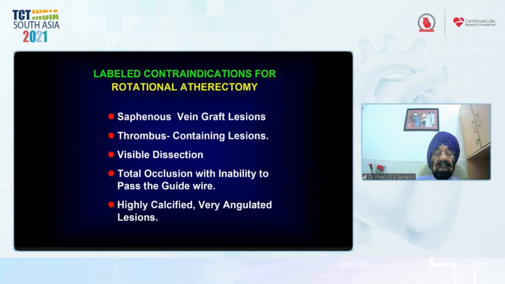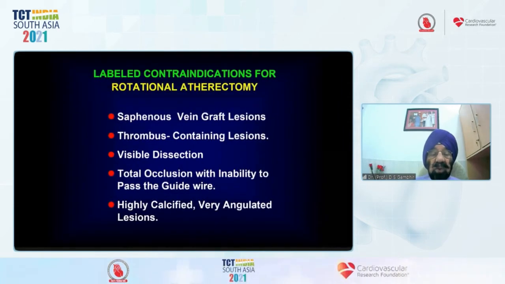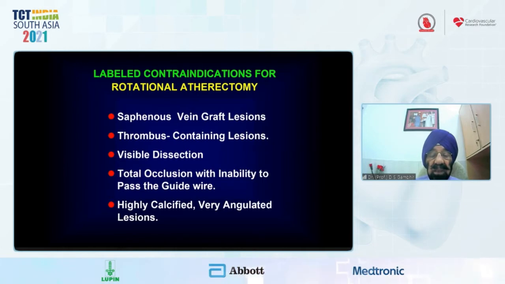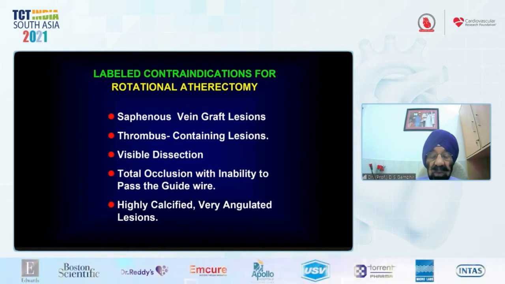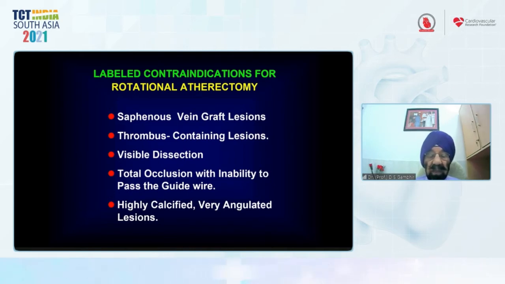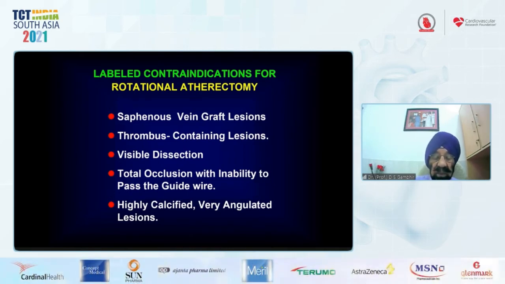And these are the labeled contraindications put down by the manufacturers: saphenous vein graft stenotic lesions, thrombus-containing lesions, a visible dissection caused by a balloon, and total occlusion where you're unable to cross with a guide wire or even with a balloon. And then highly calcified, very angulated, extremely difficult situations.